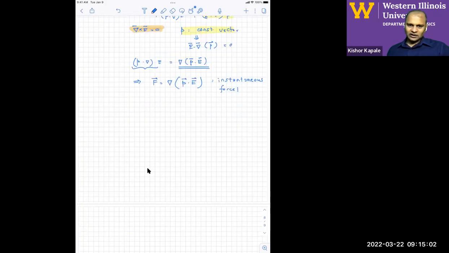Okay, so let's take a look at now a point dipole, force on a point dipole, where there won't be any torque because the two charges are very close together.